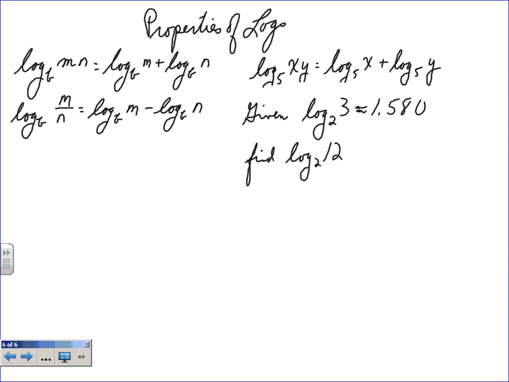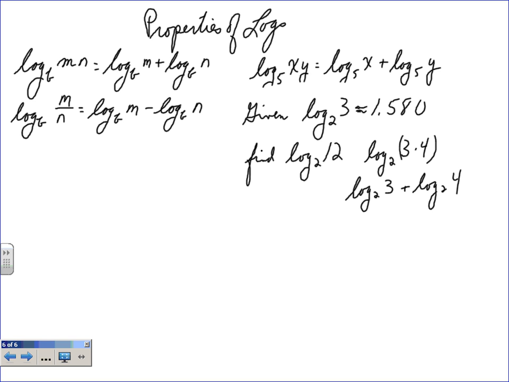Now, how can I write 12 using log base 2 of 3? 3 times 4. So I can write this as log base 2 of 3 times 4. Using my property, log base 2 of 3 plus log base 2 of 4.